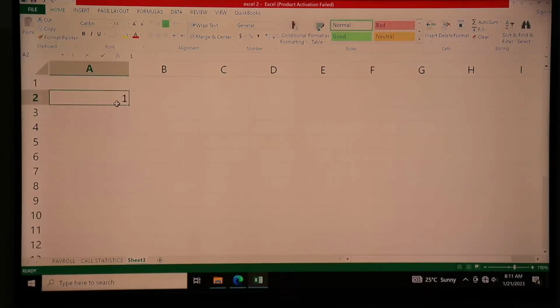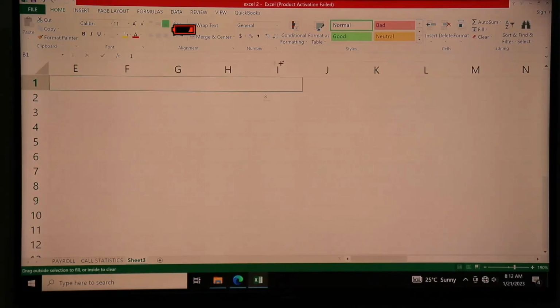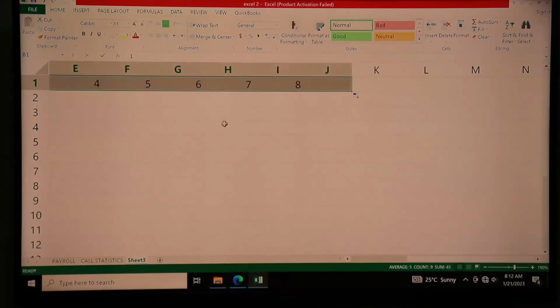When you're copying down this series of numbers, you can hold the control key and drag down to run the sequence of 9 numbers. Then again, you can type 1 here, and again you hold control to write the sequence again of 9 numbers across the screen. So you'll have that data with the 9 numbers across and downward.